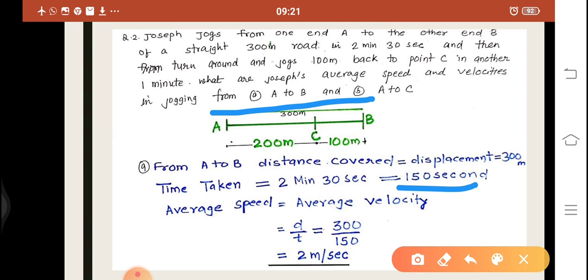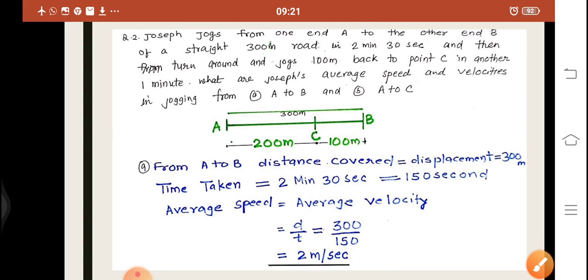Since distance and displacement are the same in this case, average velocity will be equal to average speed, distance upon time, 300 by 150, that is 2 meters per second. It is very clear, distance and displacement both are the same.